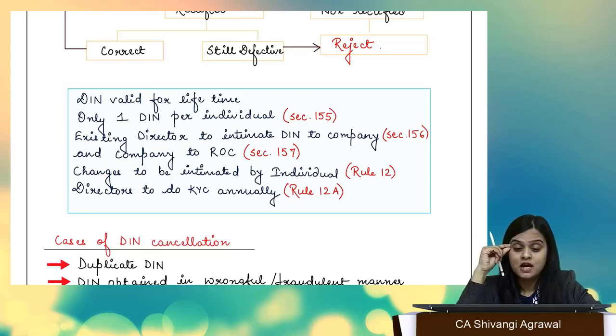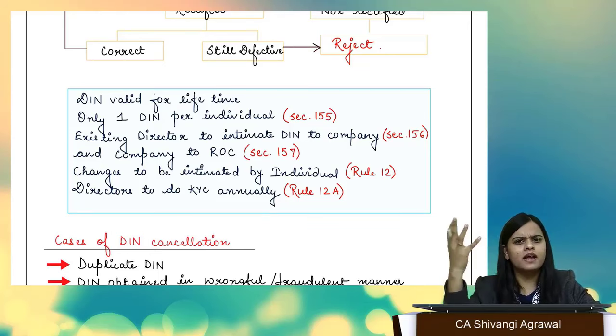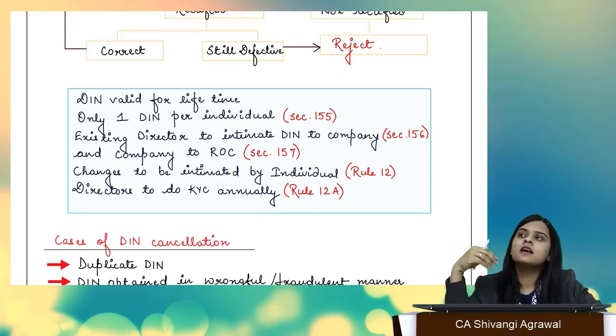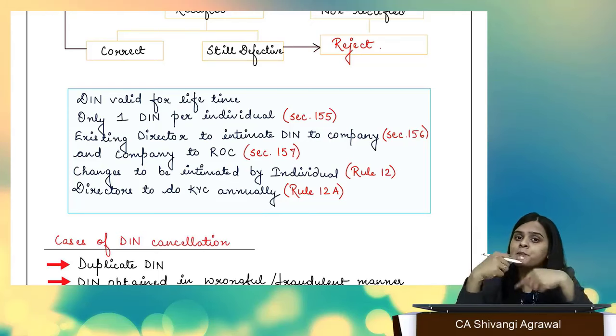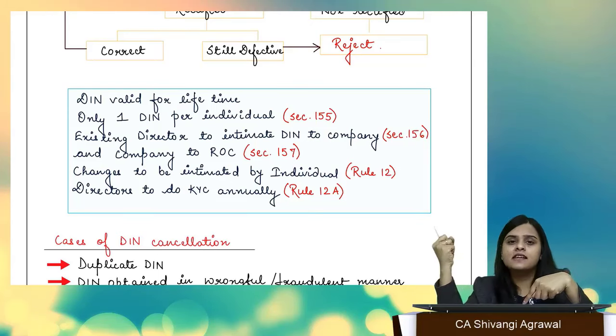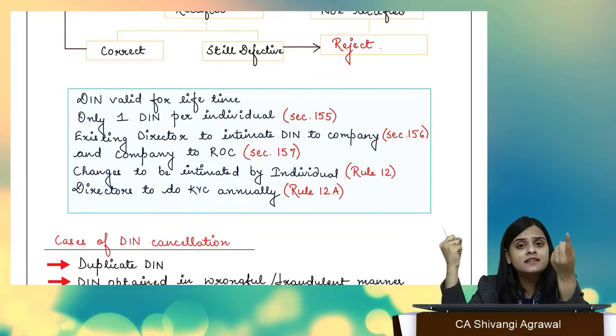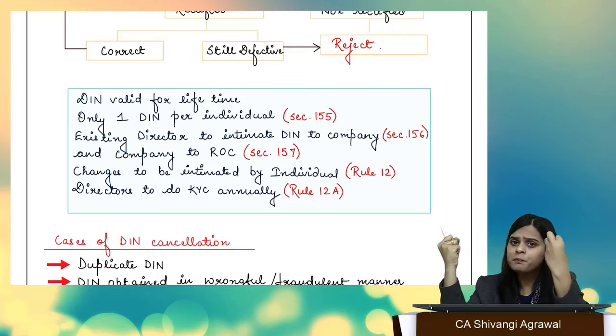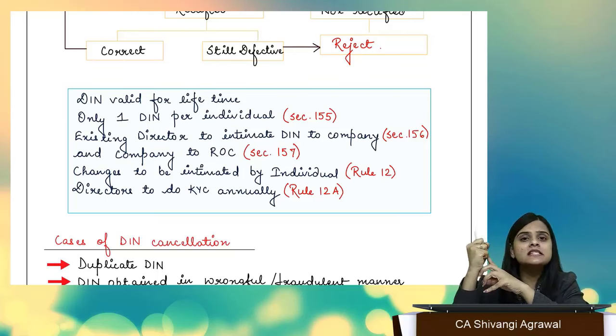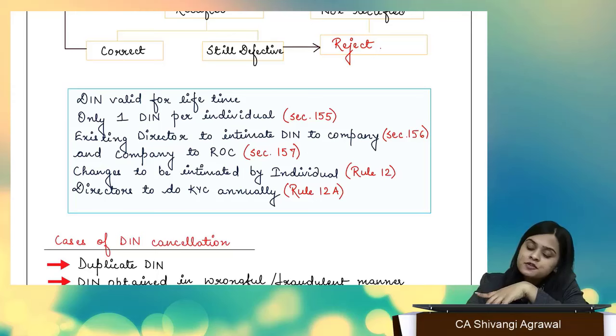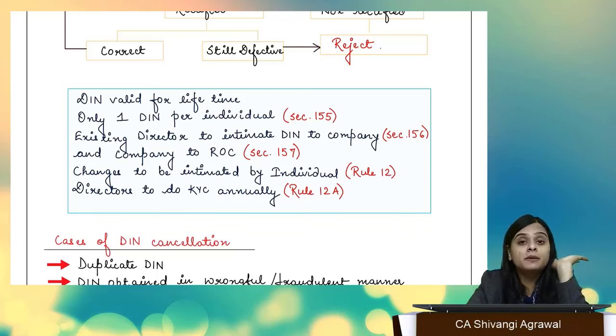But suppose I have an unused DIN. Ma'am, how can that be the case? I was proposed to be appointed as a director in some company, and that's why I made an application in DIR 3 to obtain DIN. I obtained DIN, but in this company the resolution was not passed for my appointment, so I could not be appointed.